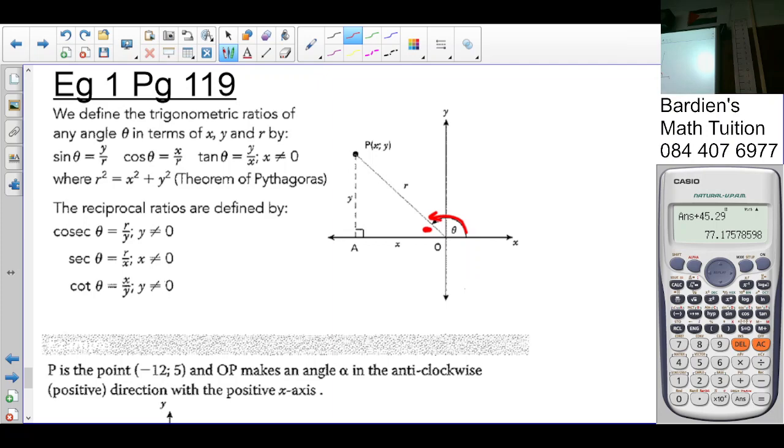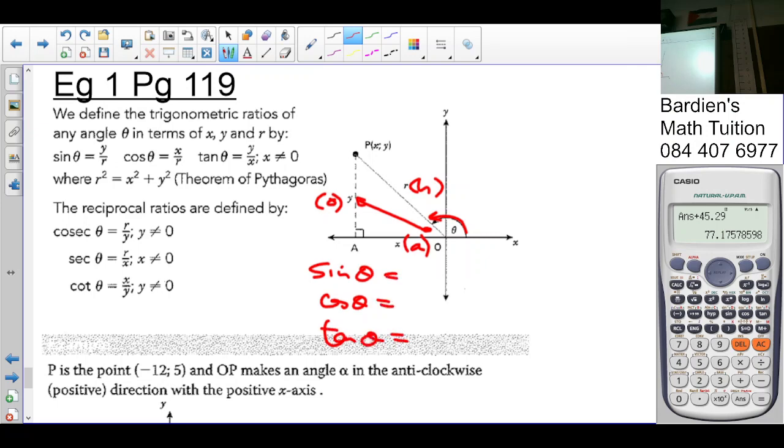This here is the opposite to the angle, and this here is your adjacent. So you go sine, cos, and tan.